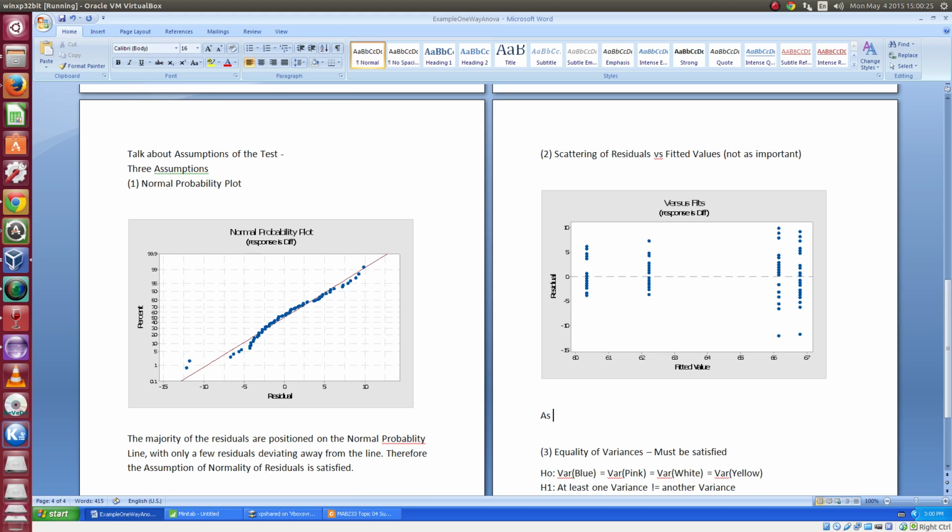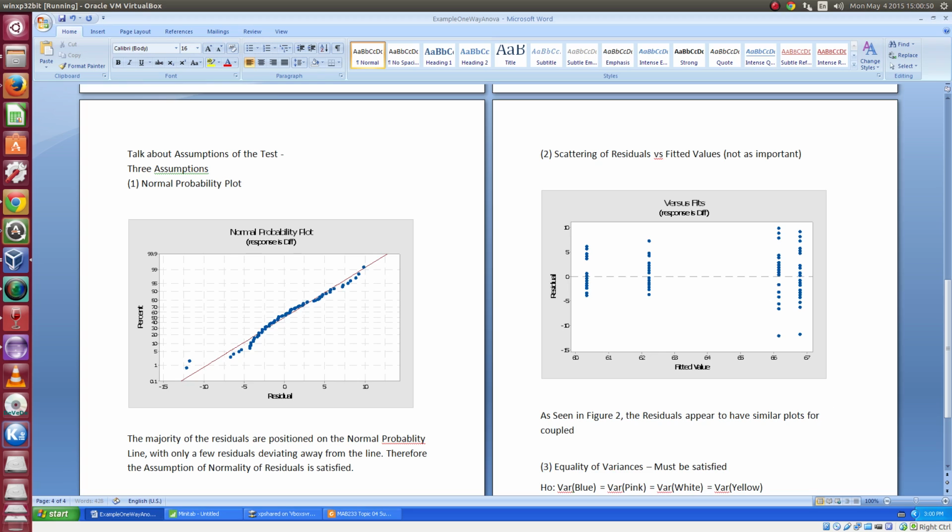You should probably label these figure 1, figure 2. So let's just call this figure 2. The residuals appear to have similar plots for coupled colors.